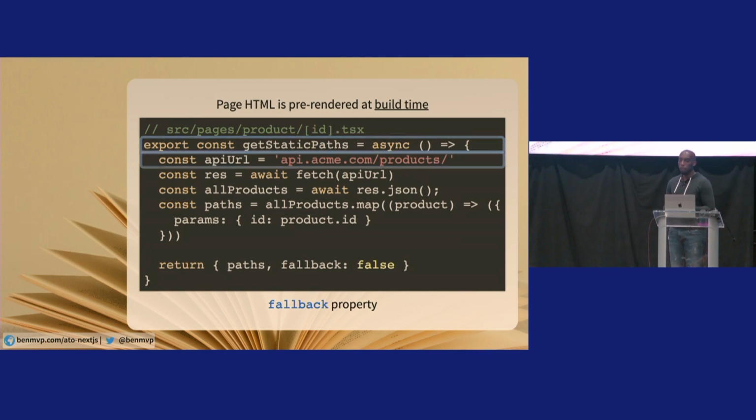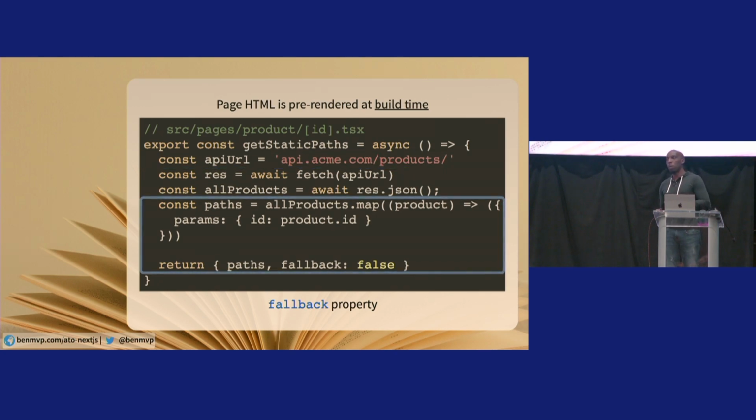In this case, we probably call a different API, an endpoint that will give us all of the products. Then we map and massage all of this to effectively get an array of paths. So if our site has 100 products, then getStaticPaths will return 100 paths that we want to render.